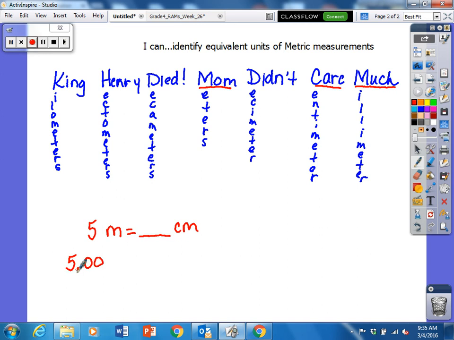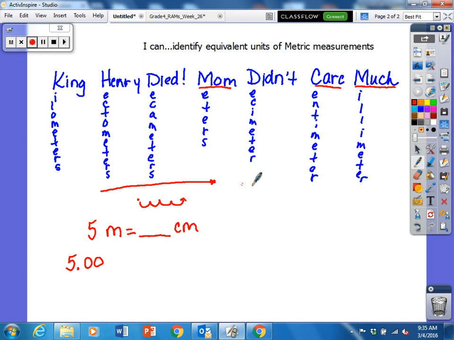I'm just going to write my 5 with a decimal and two zero place values, the tenths and the hundredths, because this will help us when we're moving decimals.